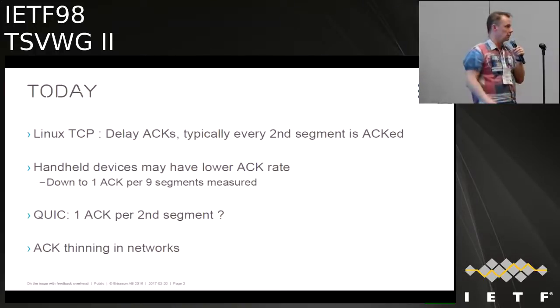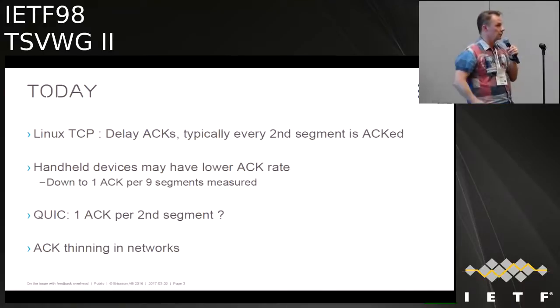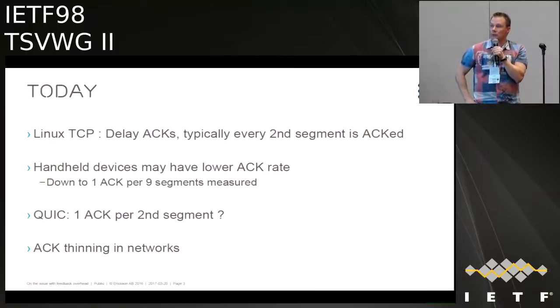It seems they have a different implementation to reduce the ACK rate, and measurements show 1 ACK per 9 segments, possibly even lower. So there is some potential to reduce the ACK rate already in the terminals or in the stacks. QUIC currently seems to have 1 ACK per second segment.